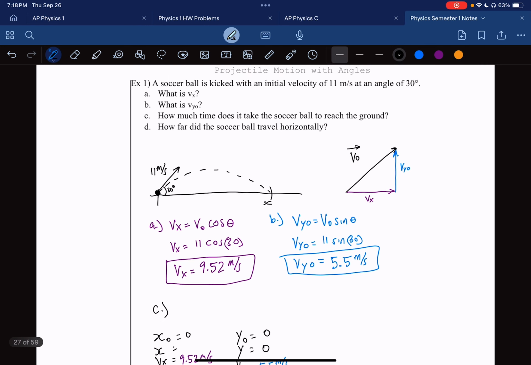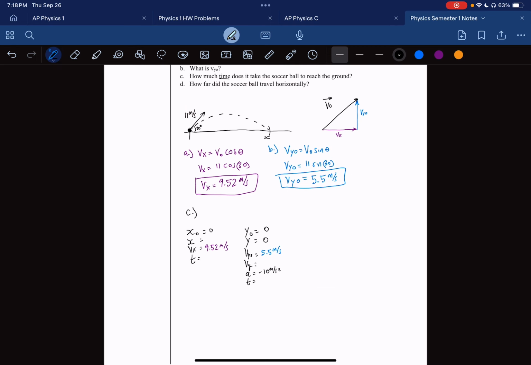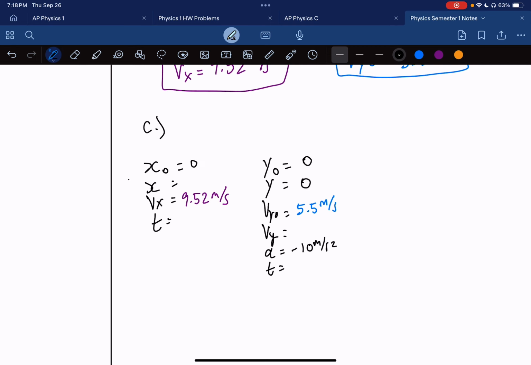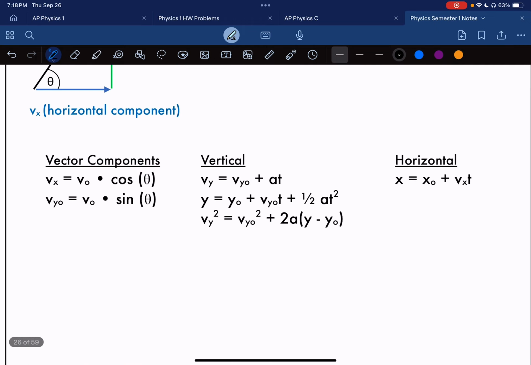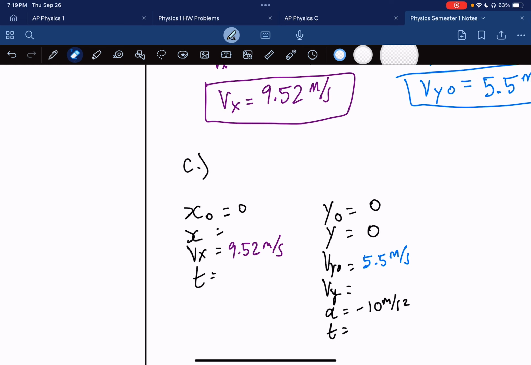And for part C, they're asking how much time. So we want to solve for t. Now, look at your lists. There's only one equation for the horizontal, and it's right here. You need 3 numbers in order to solve for the fourth one, but we do not have 3 numbers, we only have 2, so we're going to skip that for now.